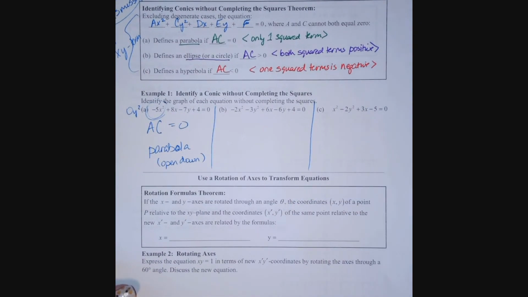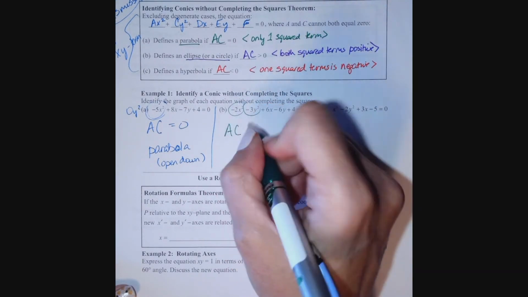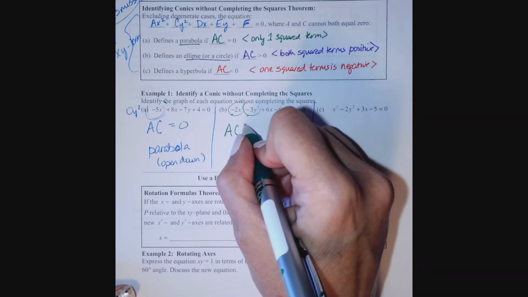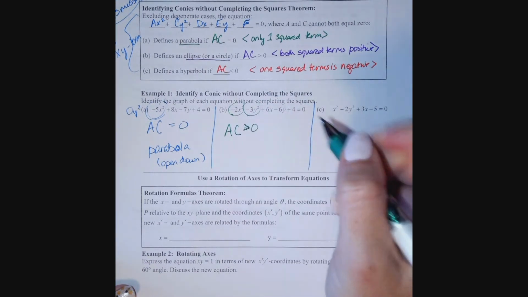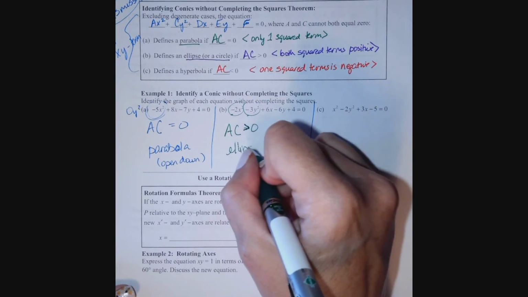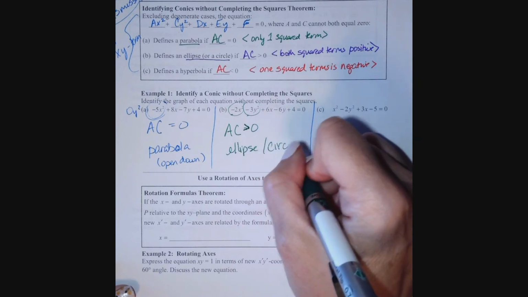Alright, what about b? On b, I see that I have x squared and y squared terms. If I take a times c, if I multiply those coefficients together, I have a positive value. That means that this equation is going to give me an ellipse or a circle.